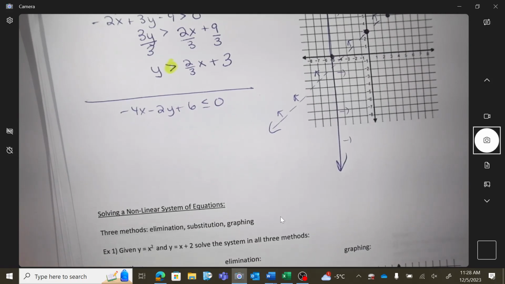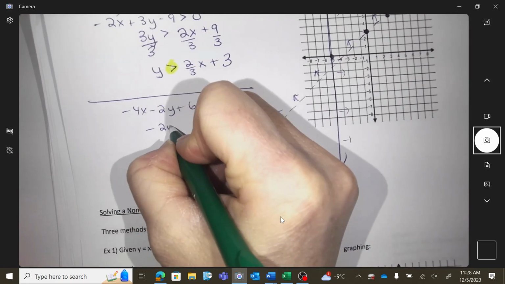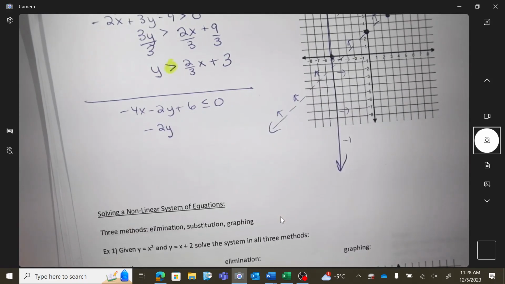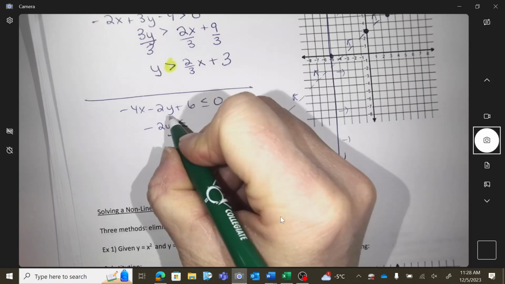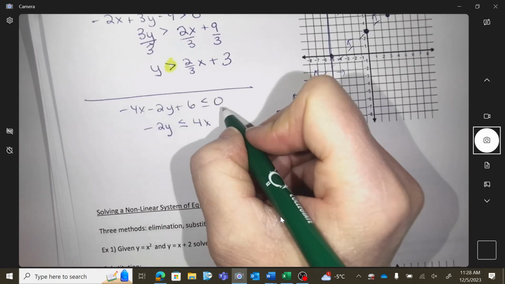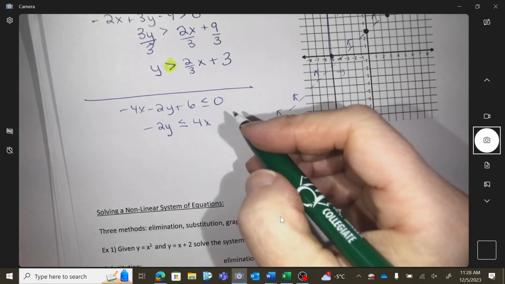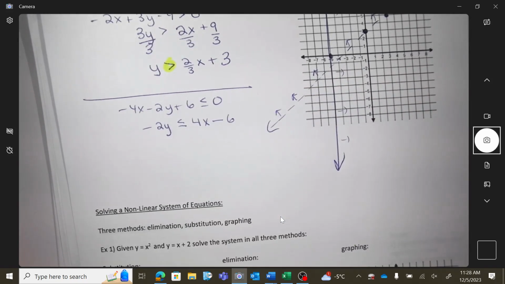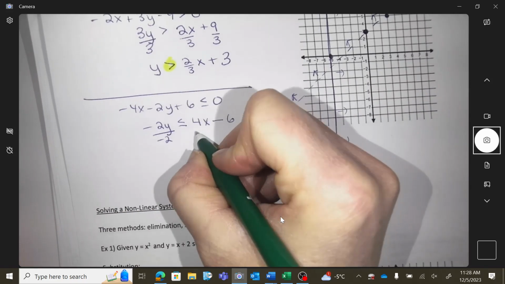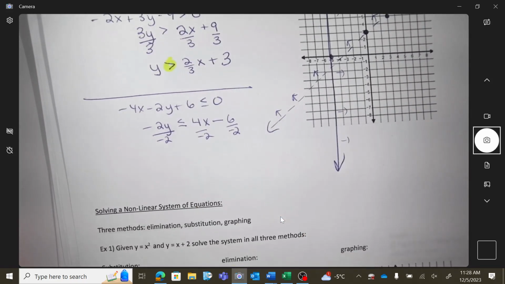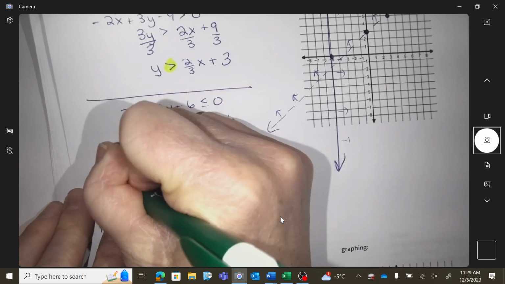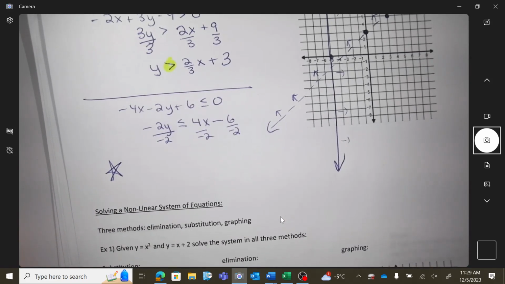Okay, algebraically, I'm going to do some stuff. So I'm going to go negative 2y stays. The x stuff is going to have to move across. The number is going to have to move across. So I changed symbols there. The sign's now changed. And divide by negative 2 to everything. Okay, something crazy is now going to happen. Okay, we've done this before.